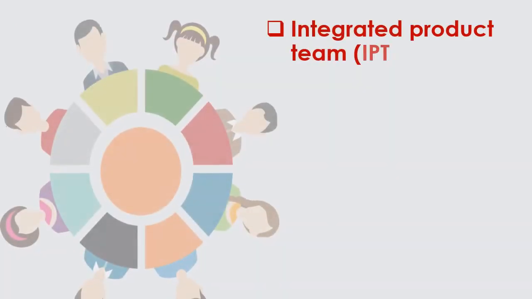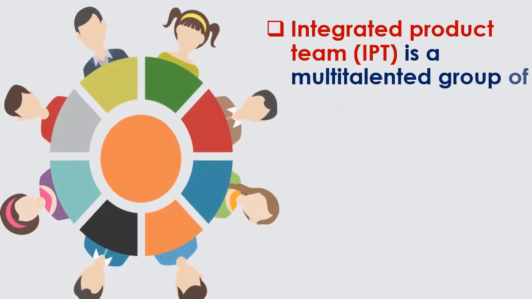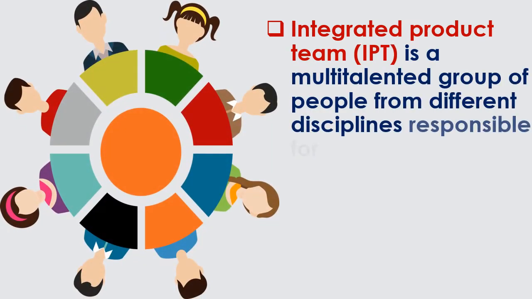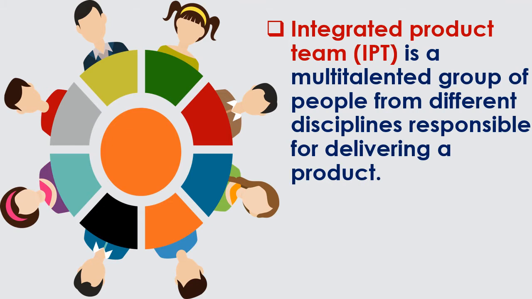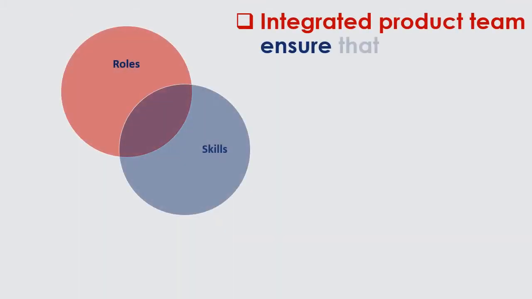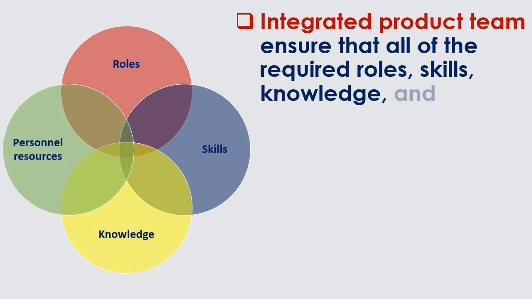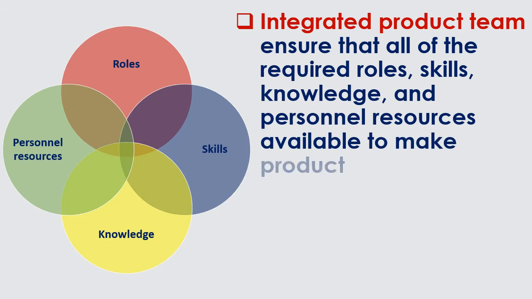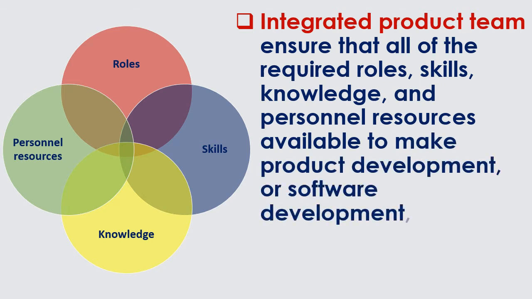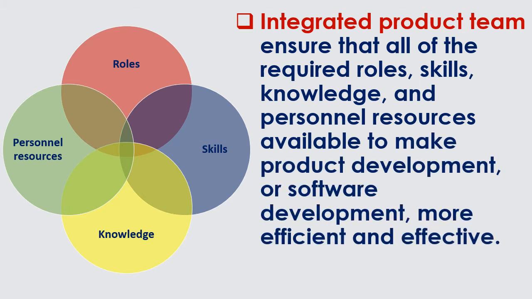Integrated Product Team. Integrated Product Team, IPT, is a multi-talented group of people from different disciplines responsible for delivering a product. An IPT ensures that all of the required roles, skills, knowledge, and personnel resources are available to make product development, or software development, more efficient and effective.